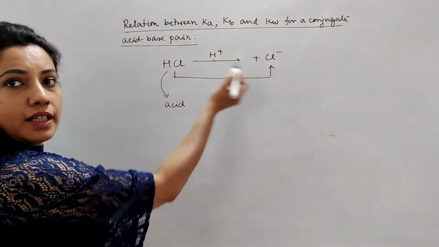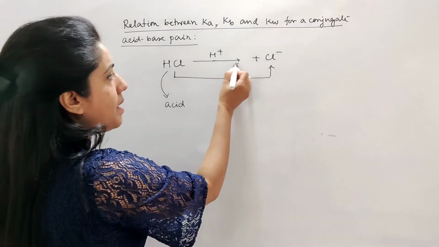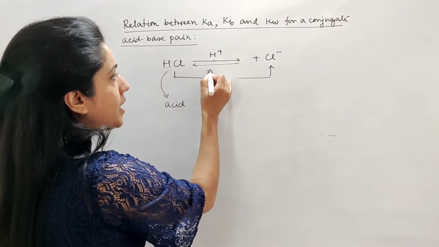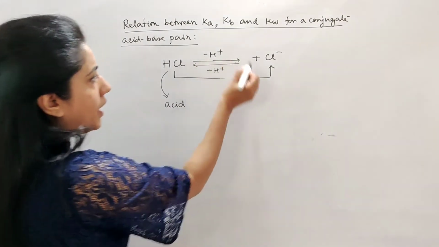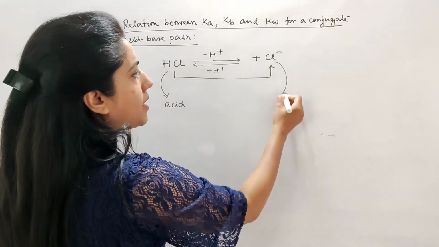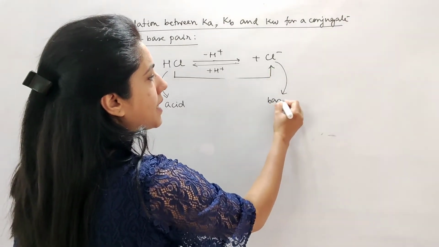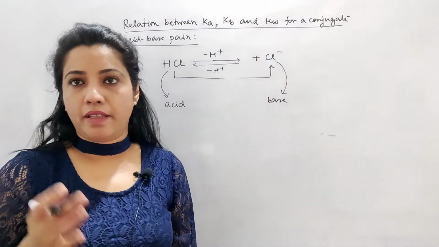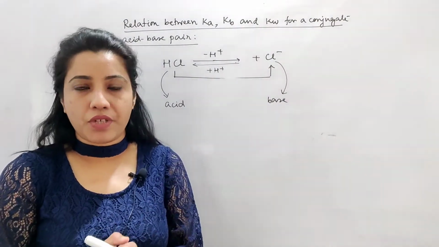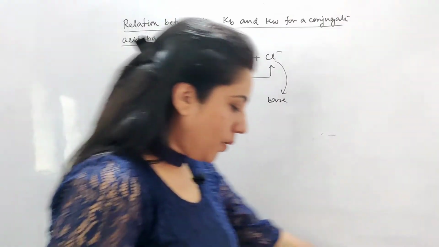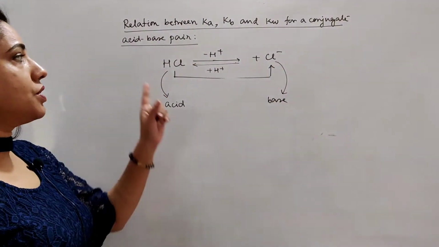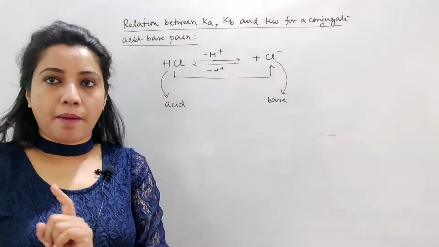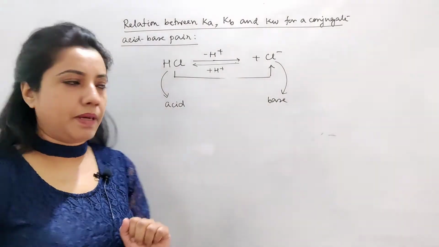If you look at the reverse reaction, Cl minus will take H plus to convert into HCl. So Cl minus acts as the base, and these two are called a conjugate acid-base pair. This we have already studied in the Lowry-Bronsted concept. Now, today we are going to see the relationship between Ka, Kb and Kw for a conjugate acid-base pair.